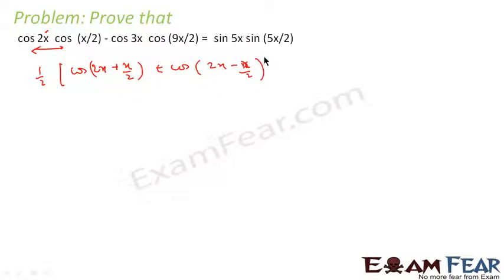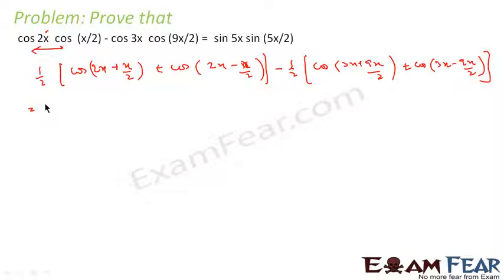This is the first part. This again minus, again 1 by 2, again we will say cos of 3x plus 9x by 2 plus cos of 3x minus 9x by 2. This is what we can write.